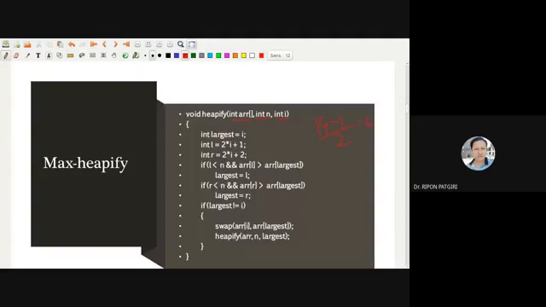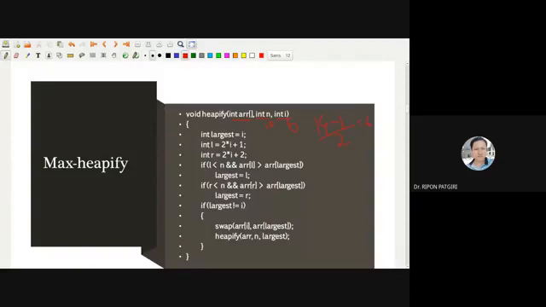So I is 6, and N, the total number, is 15, and the array is given. So largest is initialized to 6.